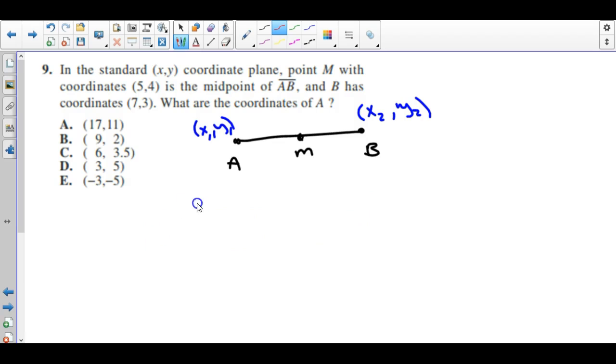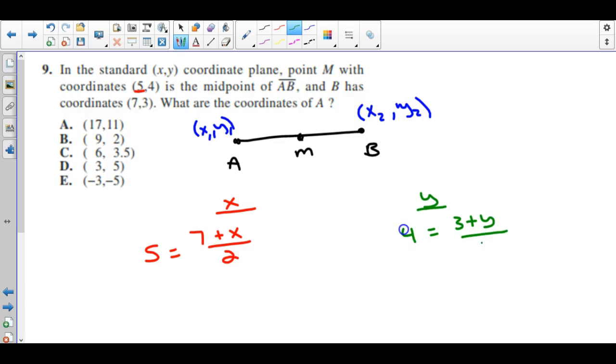Except we're given the midpoint. So I'm going to know that if I take 7 plus one of those endpoints divided by 2, I get the x coordinate of the midpoint. And then I can do the same thing on the y side of things, which is take 3 plus whatever the other y coordinate is. Again, we're averaging y coordinates divided by 2, and that would equal where the 4 was from the midpoint.